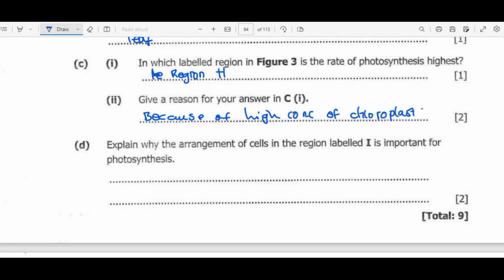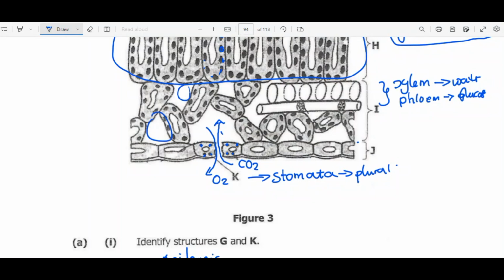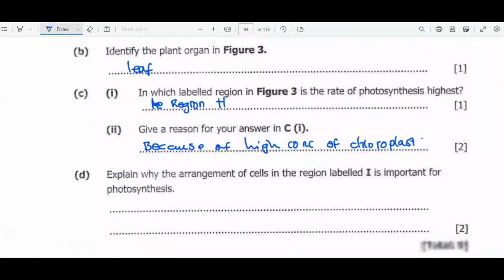Then explain why the arrangement of cells in region I is important for photosynthesis. So region I is where we have these spaces, and we said these spaces are so important for the diffusion of gases, for carbon dioxide and oxygen, including water vapor.